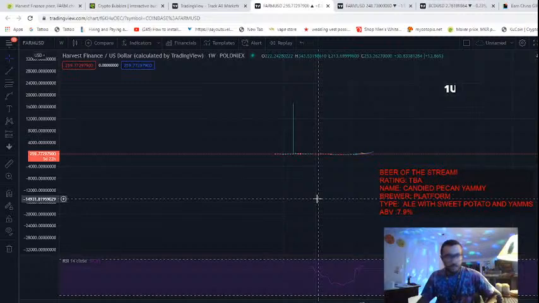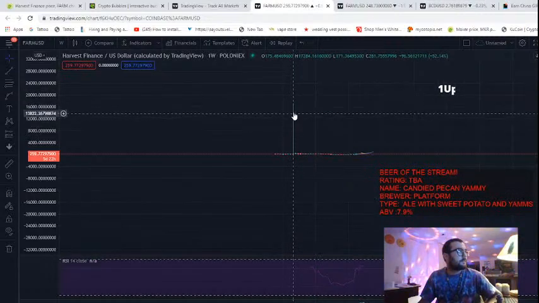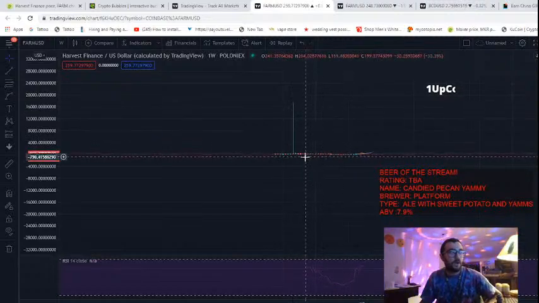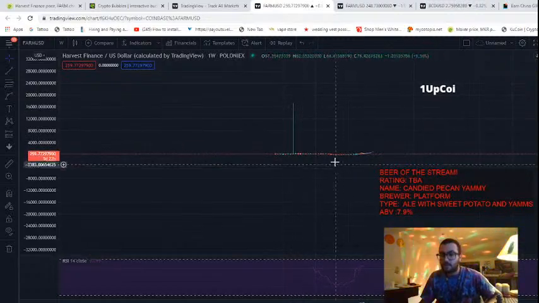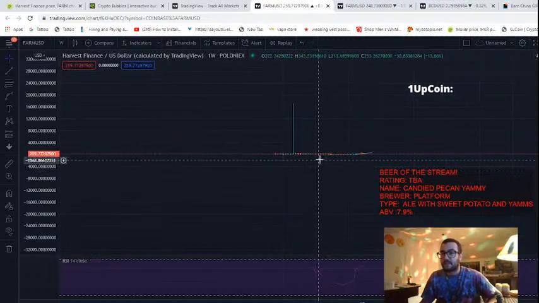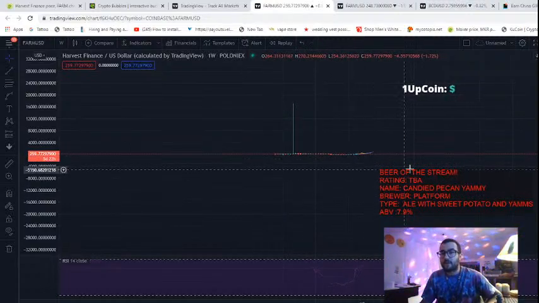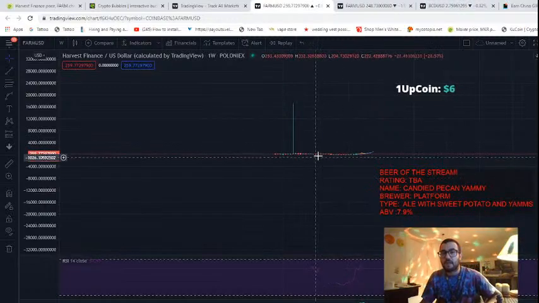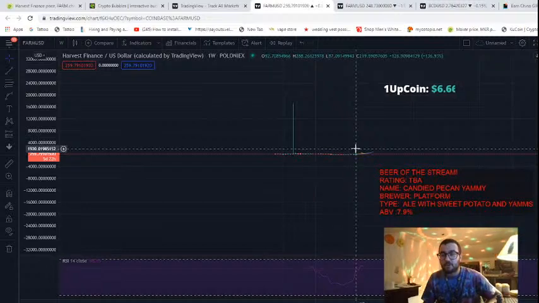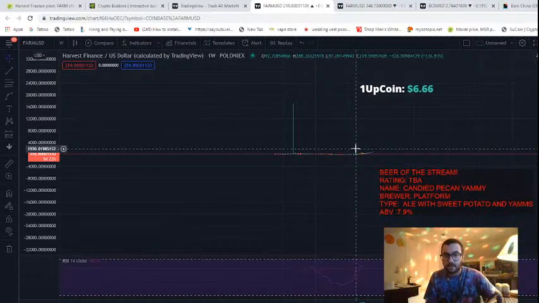Since then, it's had this huge markup to like $17,000 and then sold off, and now it's in an accumulation phase. Accumulation means people are buying the crap out of it right now, and as time goes along, people are going to hold this asset longer because there's a shorter supply.